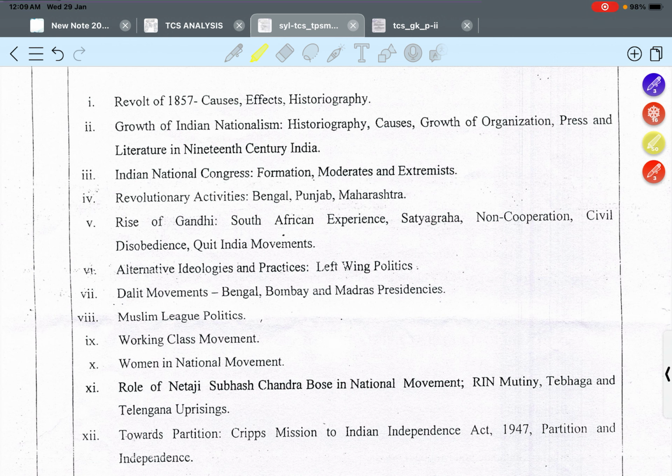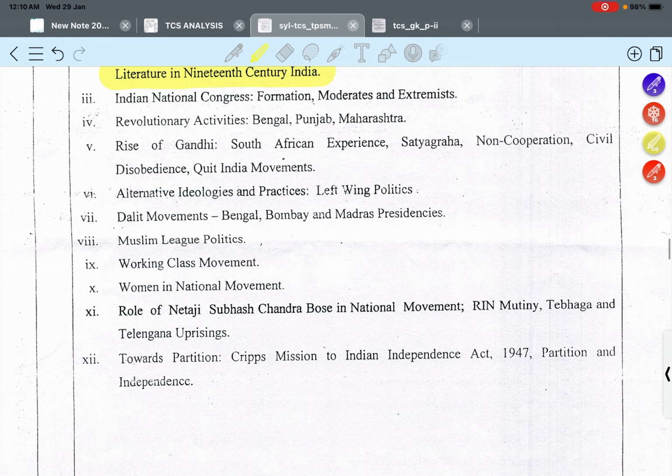They are saying revolt of 1857, causes, effects, and historiography; growth of Indian nationalism, causes, growth of organization, press, and literature in the 19th century. So they have given so many topics.